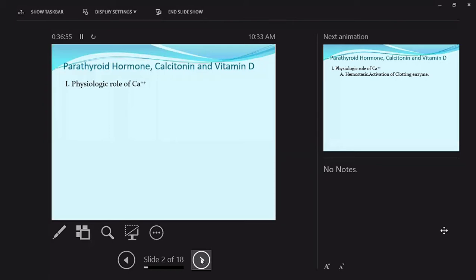So what will happen? The patient can undergo tetany, okay? So we'll take up first the physiologic role of calcium. Calcium is a very important element of the body.